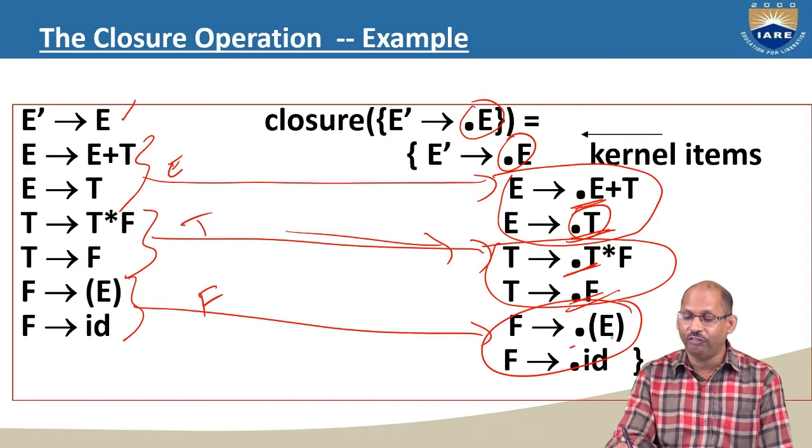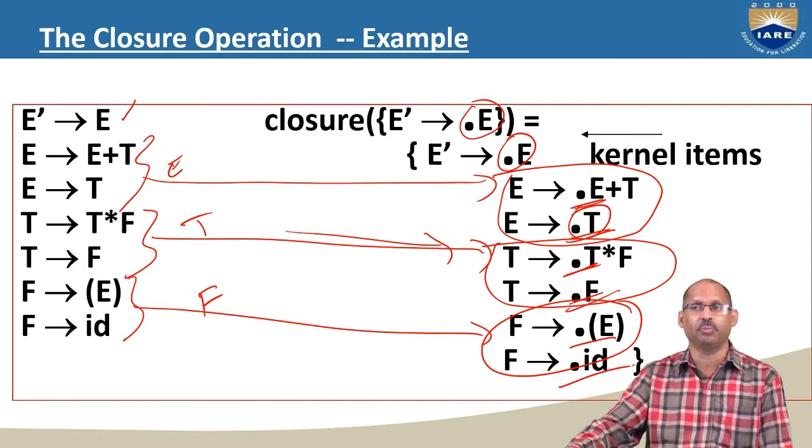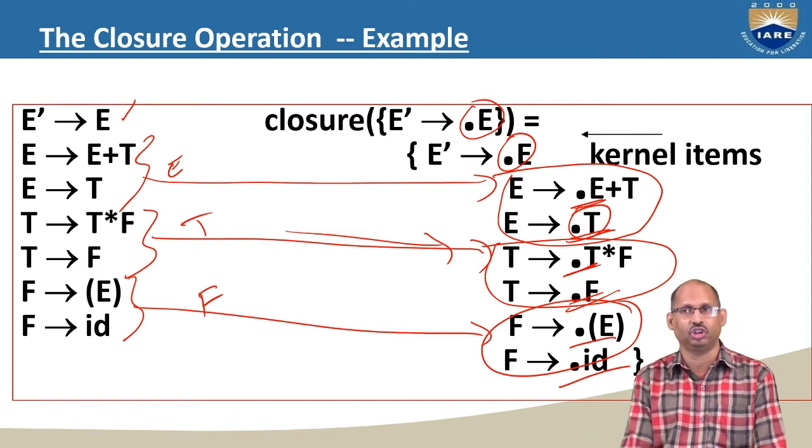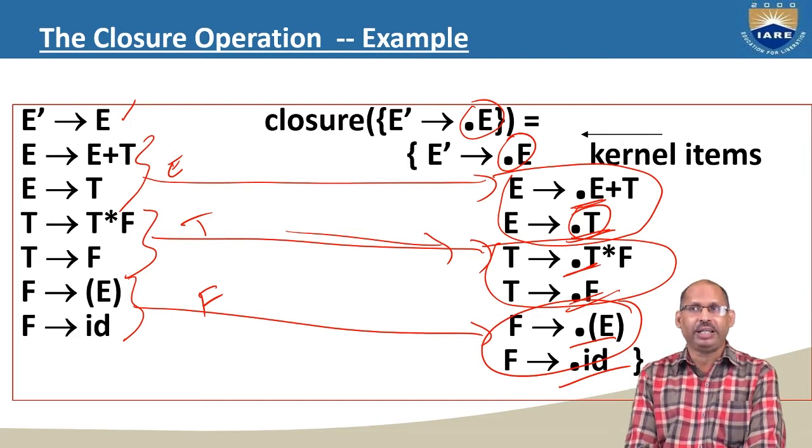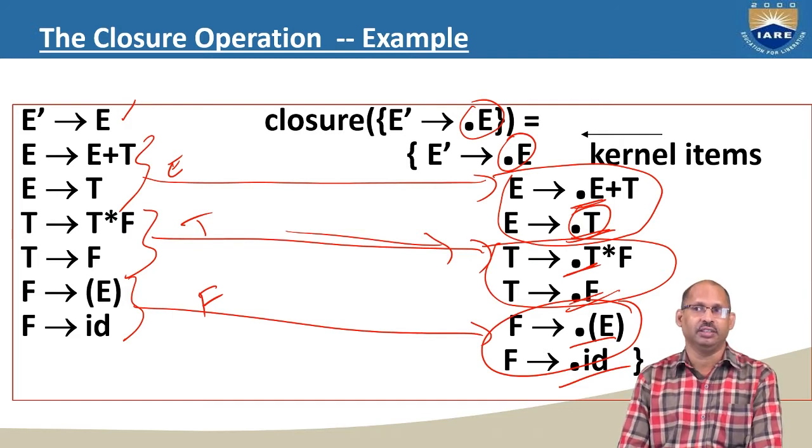When the dot is followed by a terminal, we can stop. We repeat until no more new productions can be added.